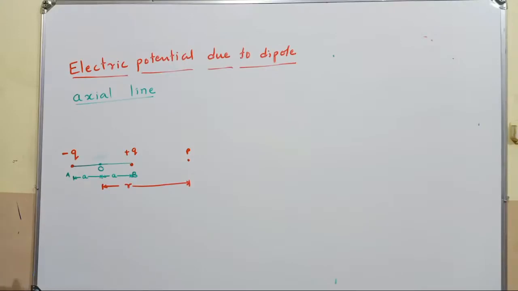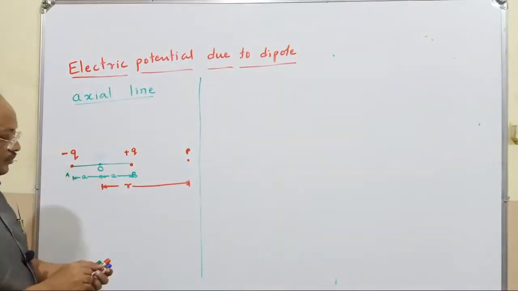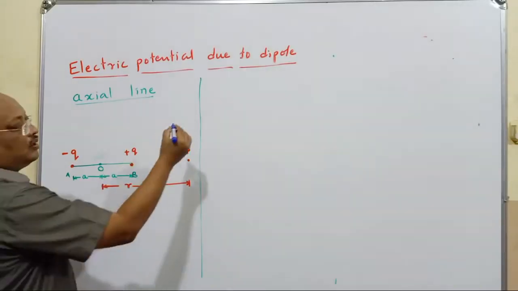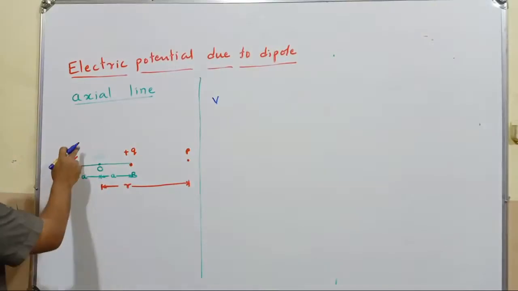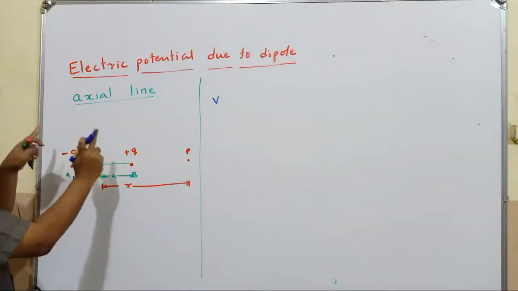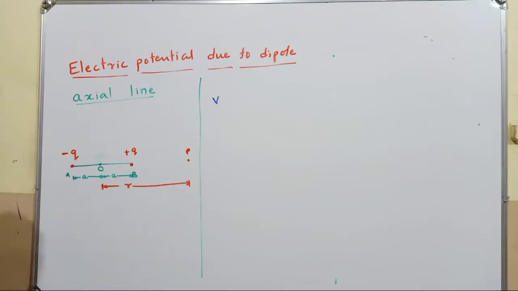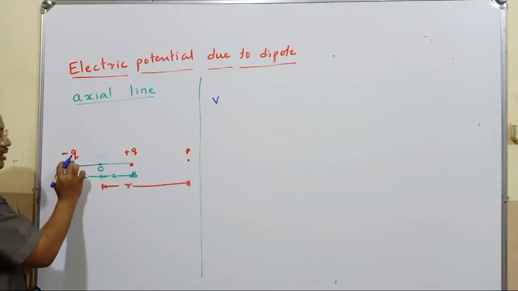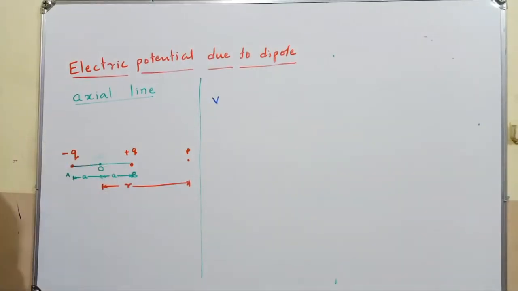Okay, so for that, this is like a system of charges. That system consists of two charges, one negative charge and one positive charge, similar in magnitude but opposite in sign.